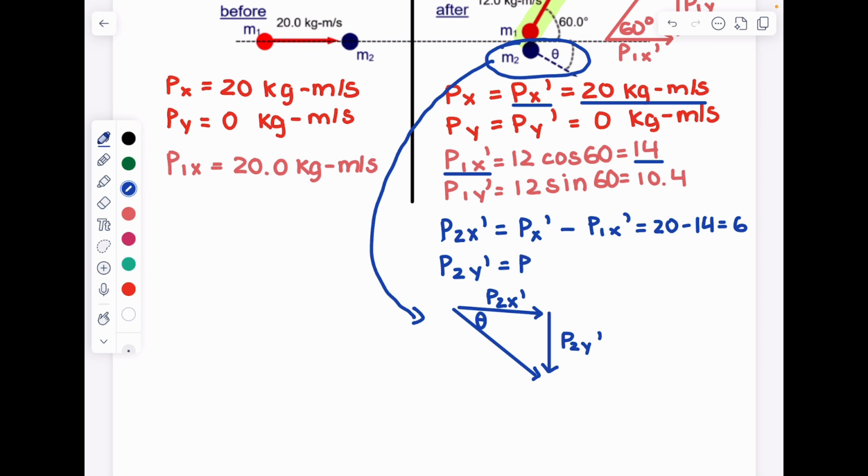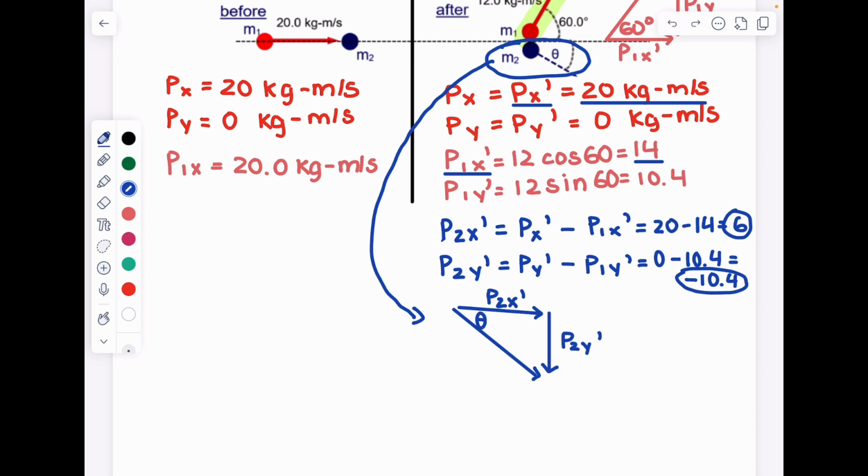So this is equal to the total momentum minus whatever y components we have. And the total momentum is 0. The y component we have is 10.4. So we should have negative 10.4. Don't mind me not putting my units, but we should have negative 10.4 as our y component. And this makes sense because our y component leg for the bowling ball is going downward.